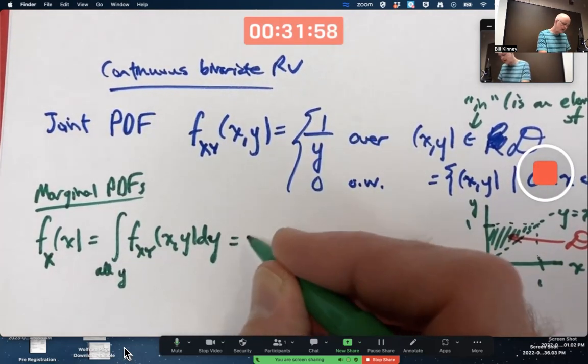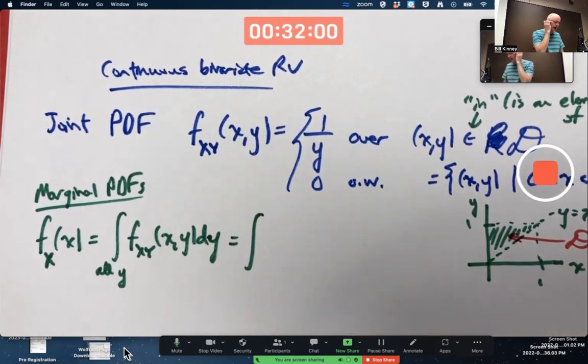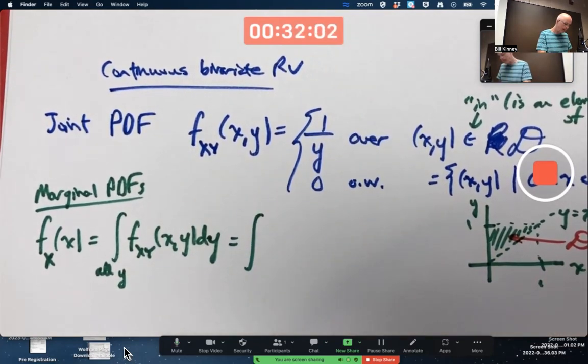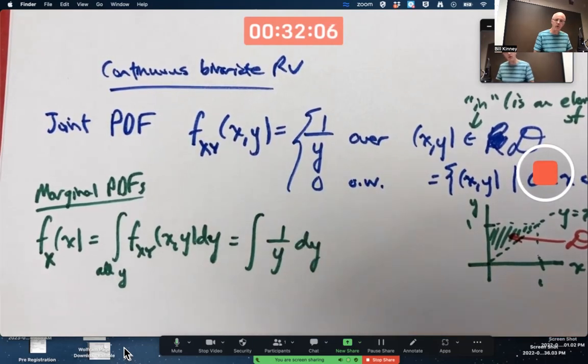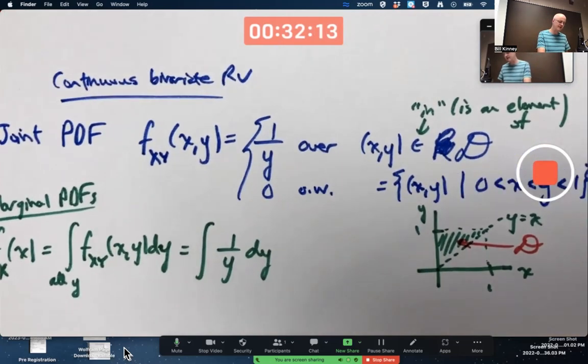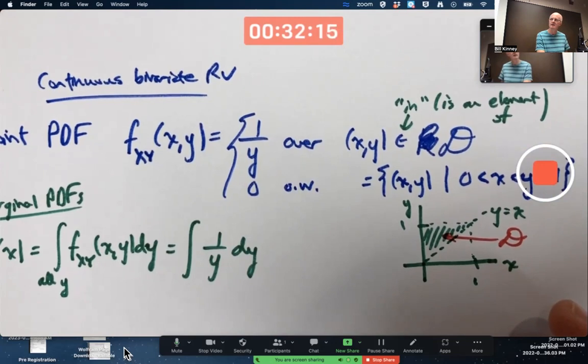To actually do the integral, though, we need specific limits of integration. We are integrating ultimately 1 over y dy. But what are the limits of integration? It's tempting to think that they are 0 to 1. But no, they're not, and this is the trickiest part right now.